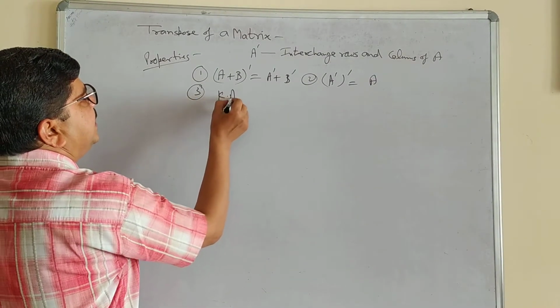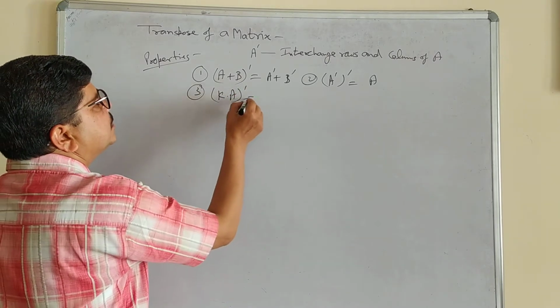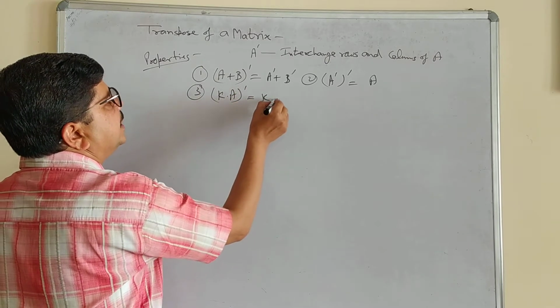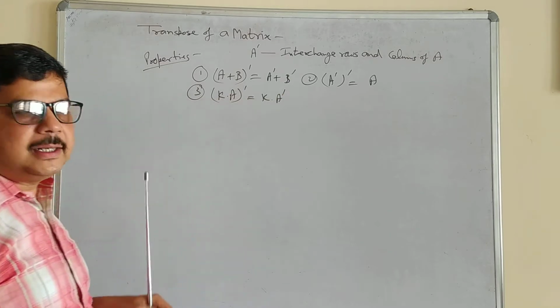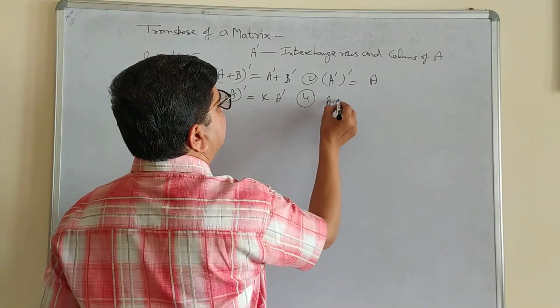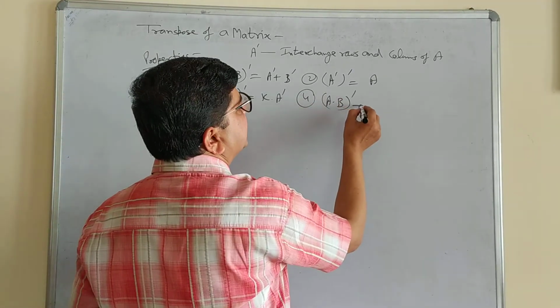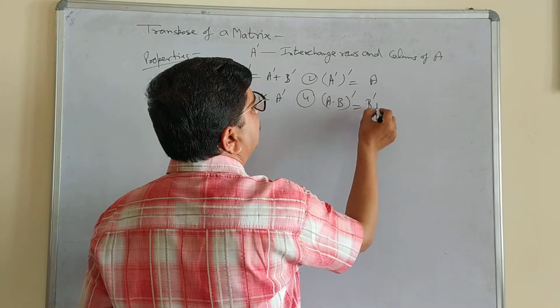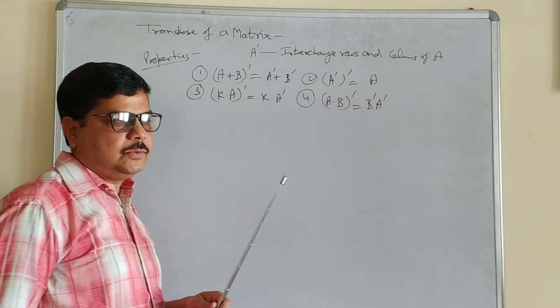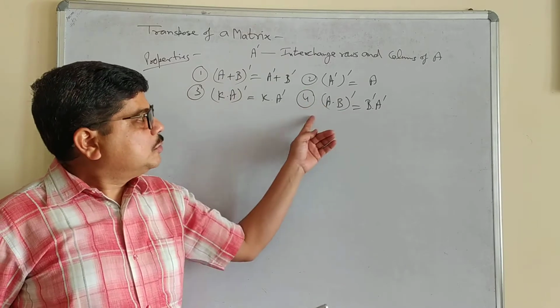If you are multiplying a matrix by a scalar and making its transpose, or first you make transpose, then multiply by scalar, it gives same result. A into B, product of multiplication of two matrices and making its transpose, it is equivalent to B transpose into A transpose. To verify this, ये जो क्वेश्चन है इसको वेरीफाई करें.